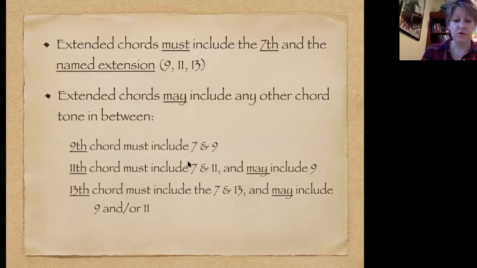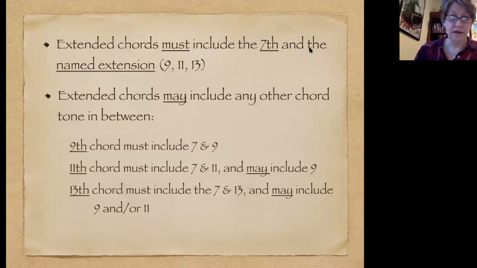An 11th chord must include a 7 and an 11 because that's the named extension, but it may include a 9, doesn't have to. A 13th chord must include the 7th and 13th, and it may include a 9 and/or an 11. So I hope that rule makes sense if you go back and look at this.